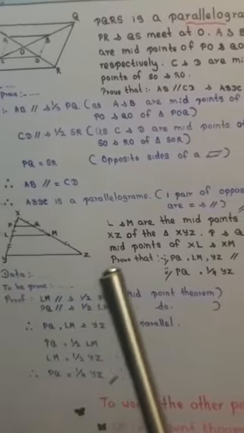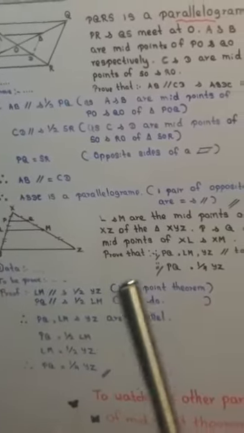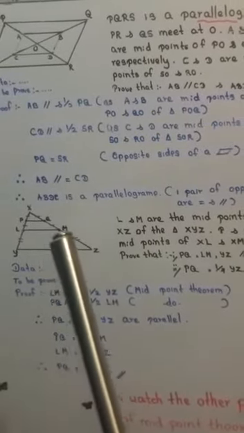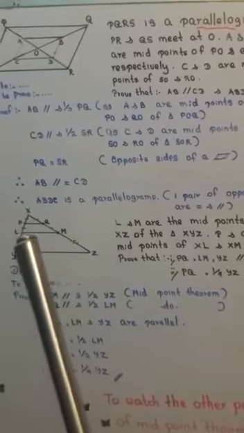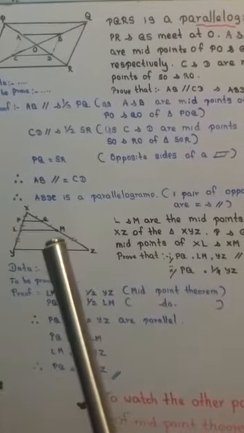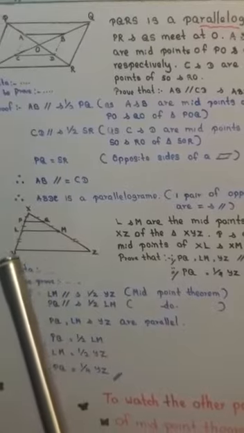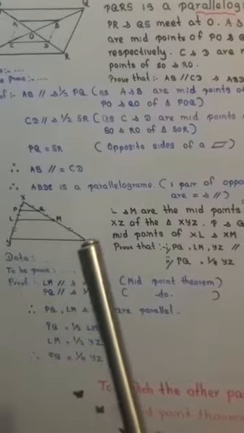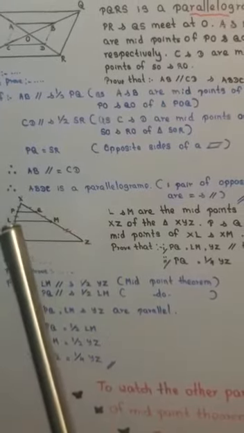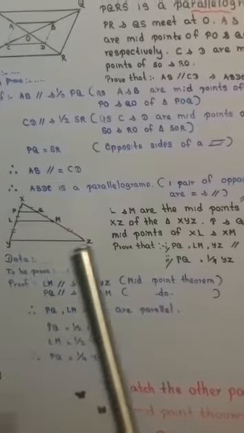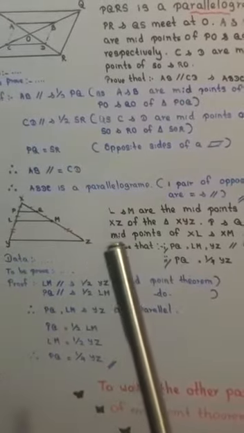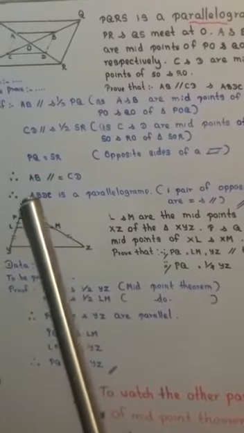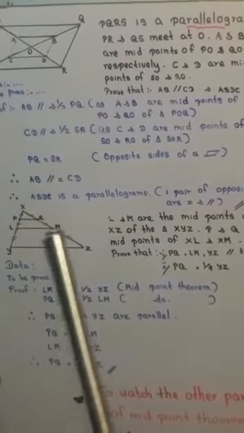And also we can say LM, the connecting line of two midpoints, is parallel to YZ, that means the third side, and LM is half of YZ. And we can write PQ. We can consider here the small triangle.